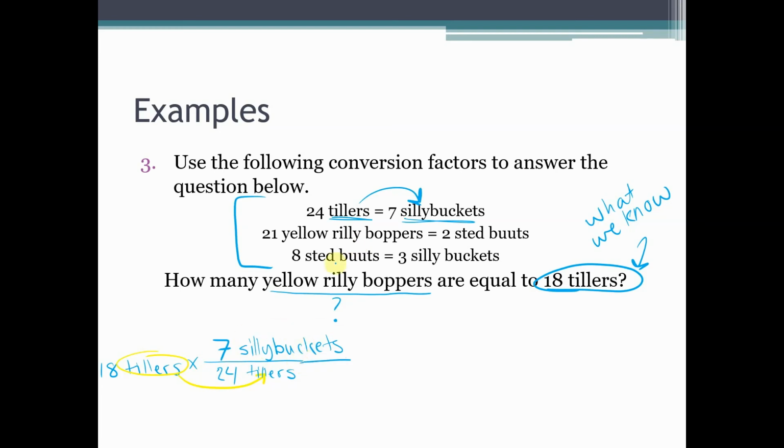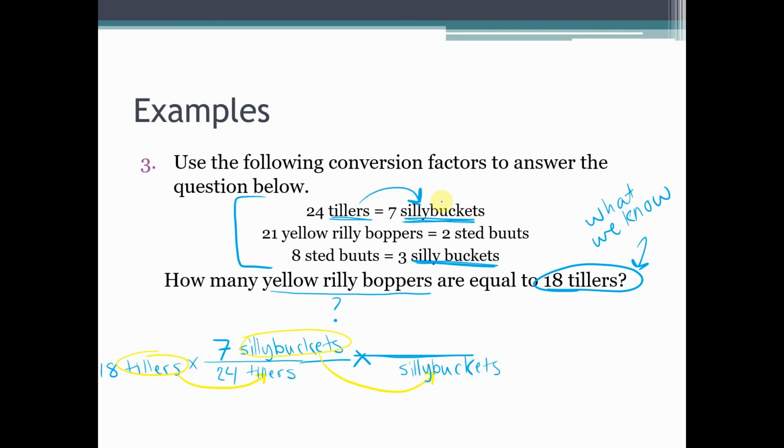Now we have silly buckets in the top, but we are looking for yellow really boppers. So we are going to do times another fraction. What goes up must come down. So we will put silly buckets in the bottom of this next fraction and some unit in the top. Let's go back to our conversion factors here. I see silly buckets here where we just saw it, and I see silly buckets down here.